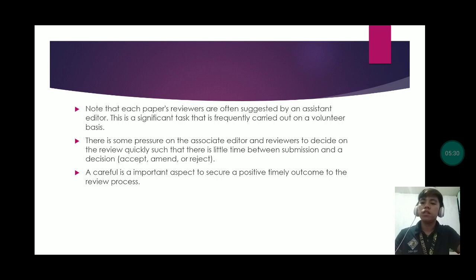So there is limited time between submission and decision because the associate editors and reviewers are under a time limit. As a result, it is also crucial to proceed with caution to guarantee a successful outcome.